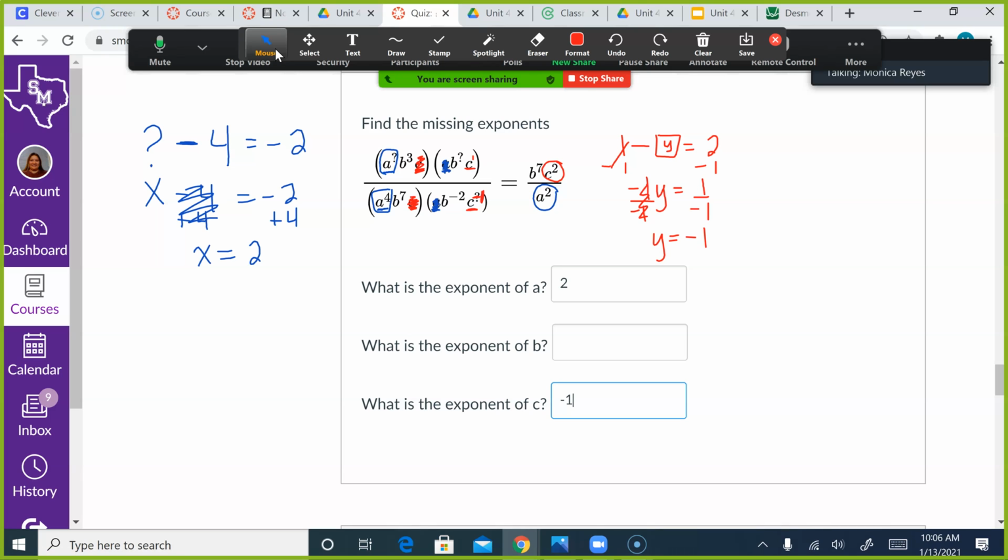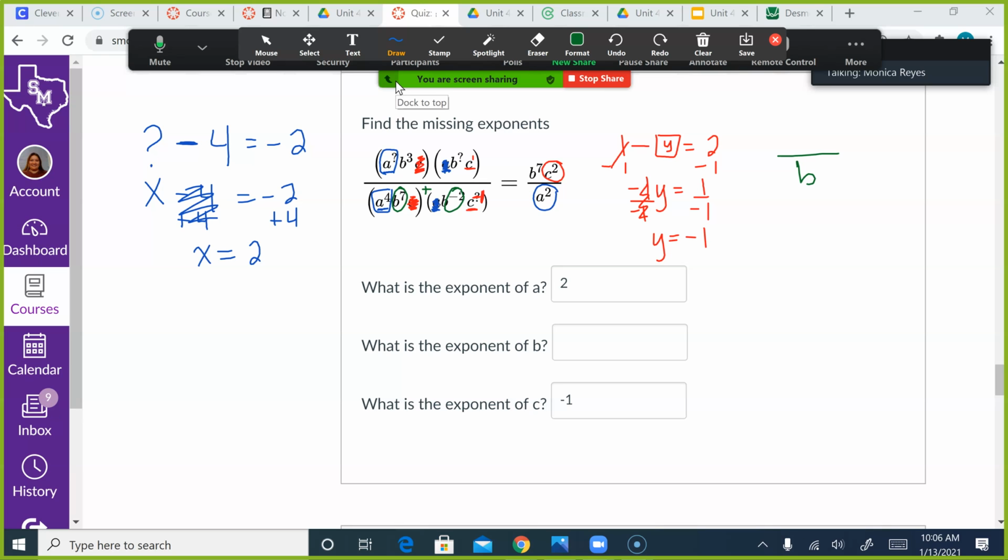B is going to be the hardest one because nothing really cancels. I mean, you can reduce some of them. Let's go ahead and combine these two. So we're going to combine the 7 and the negative 2. So it's going to stay on the bottom. And since they're together, we're just going to add them together.